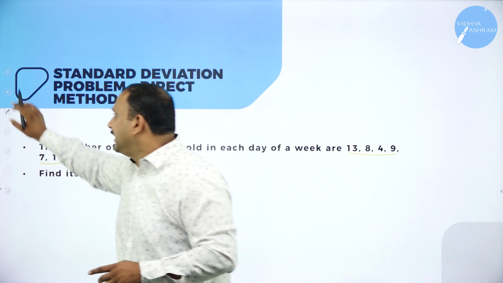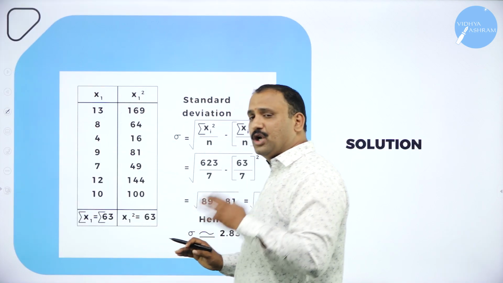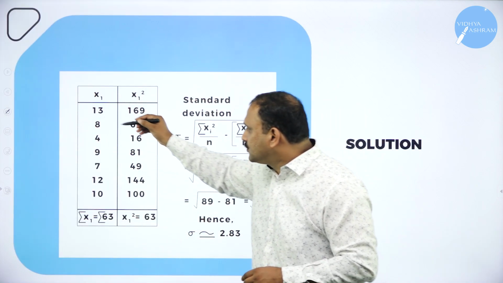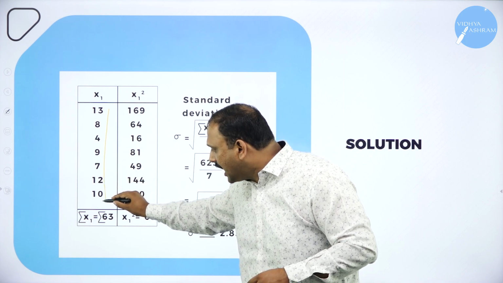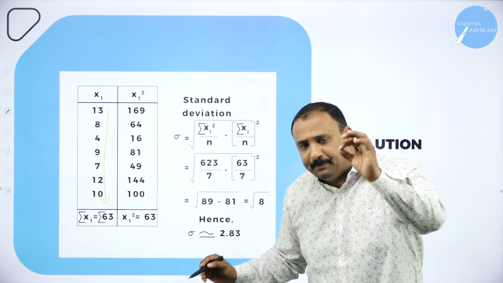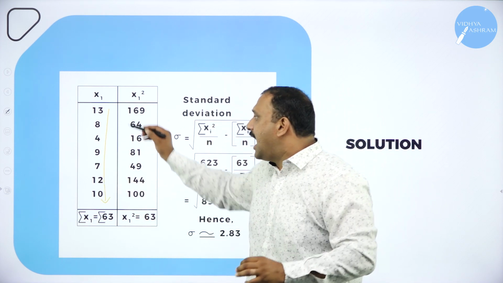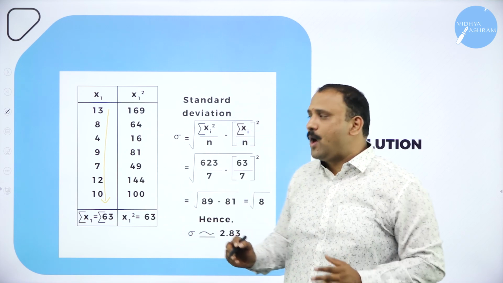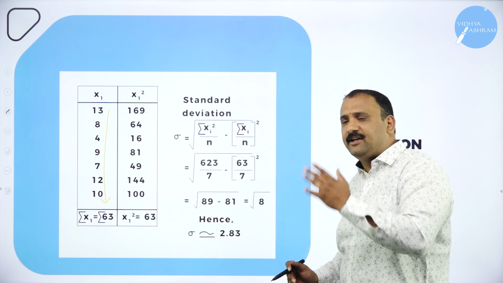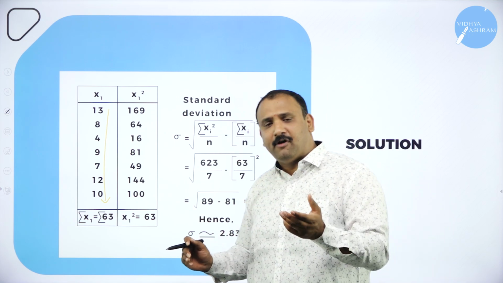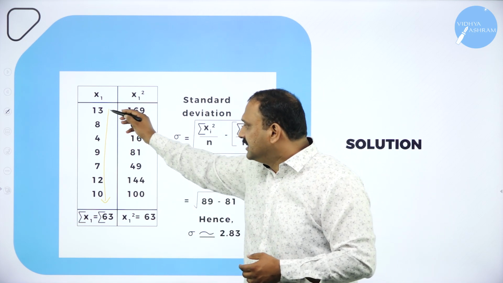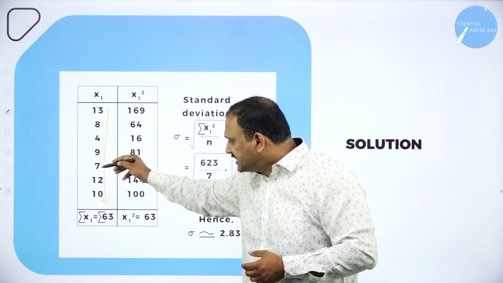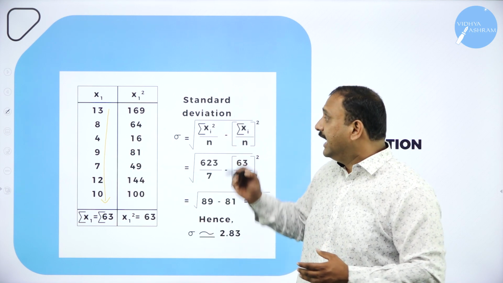So how are we going to find out the standard deviation? Quite simple. This is the first value that has been given. Write down the values that are being given in the problem under the column x1. So these are the selling units that are being found in the week: 13, 8, 4, 9, 7, 12 and 10.